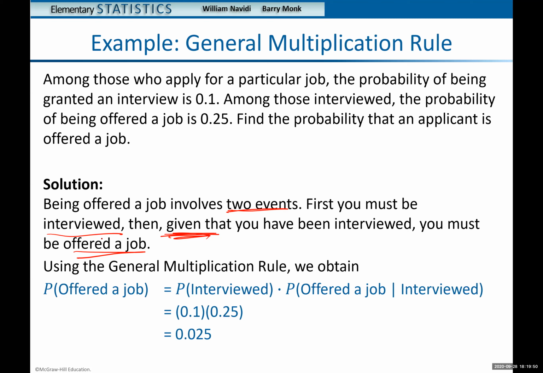So to get the probability of being offered the job, first you need the probability of being interviewed times the probability you are offered the job given that you were interviewed. So we have here given probability interviewed, 0.1, and being offered the job, 0.25. When you multiply the two, it is equal to 0.025.